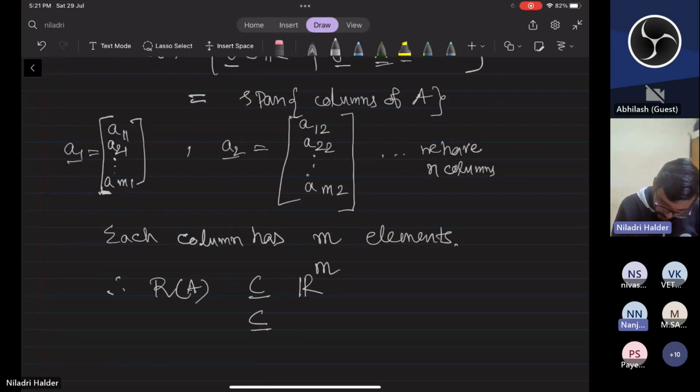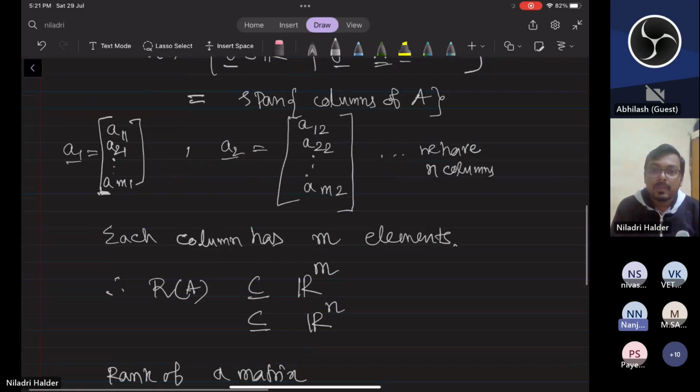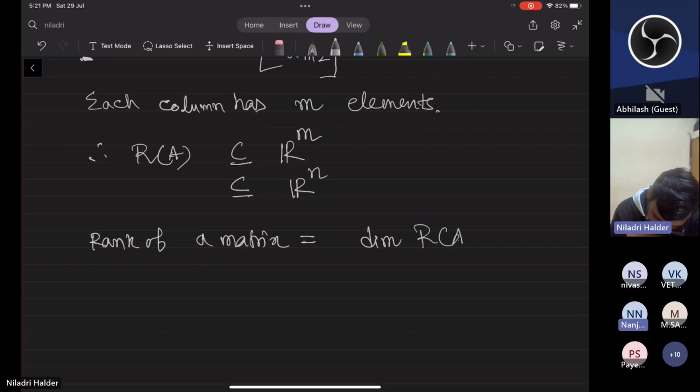Now we'll go for the rank of a matrix. The rank is equal to the dimension of the range space of A. As it's a subspace of R power m, it should be less than or equal to the minimum of m comma n.